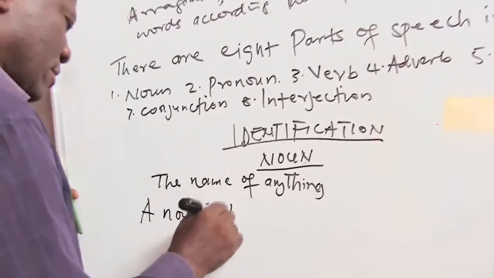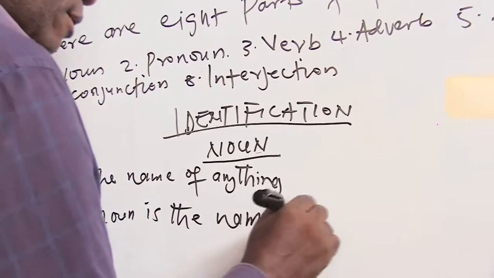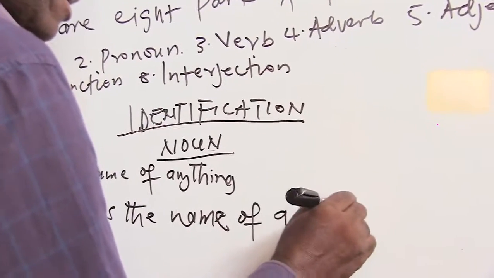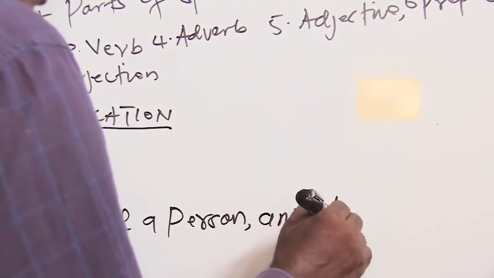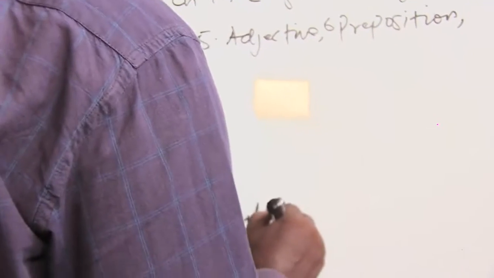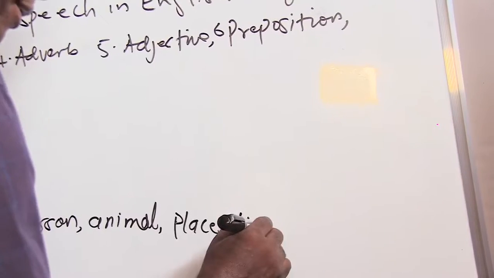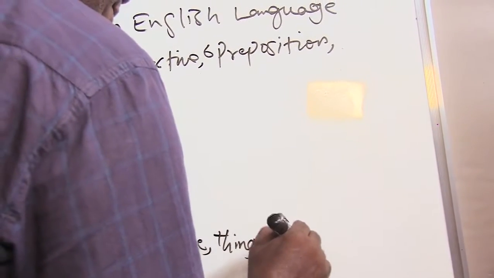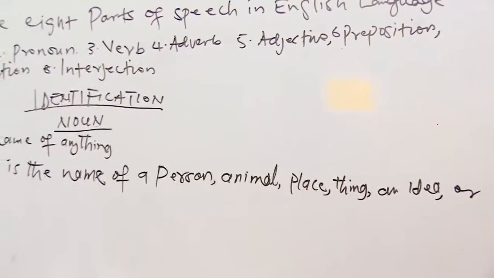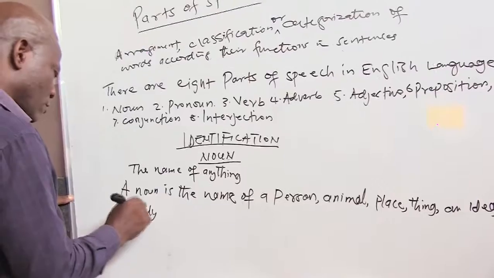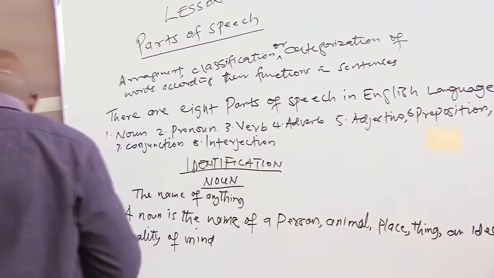A noun is the name of a person, animal, place, thing, an idea, or quality of mind. All right, so look at it again.